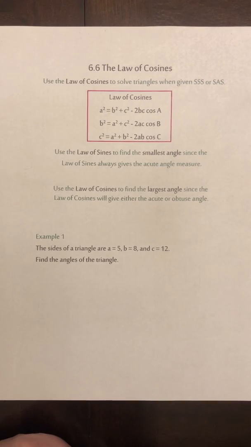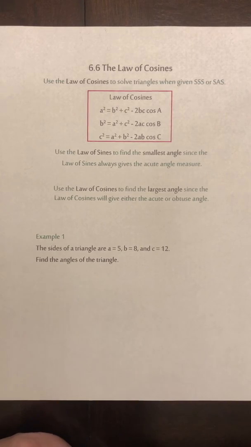It will potentially give you a quadrant 2 answer, and then you know you've got it, instead of having a quadrant 1 answer and then having to check if a quadrant 2 answer exists. So it says right down there, use the law of cosines to find the largest angle, because it will give you either the acute or the obtuse angle.